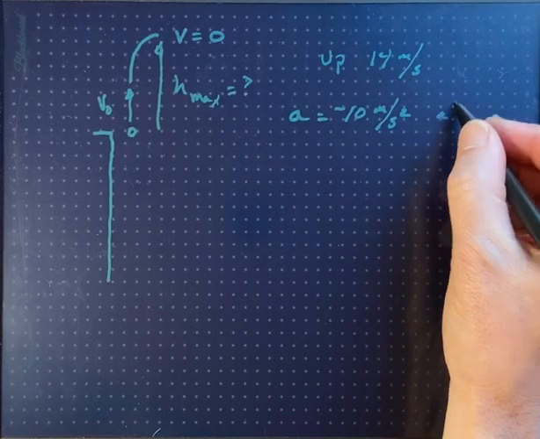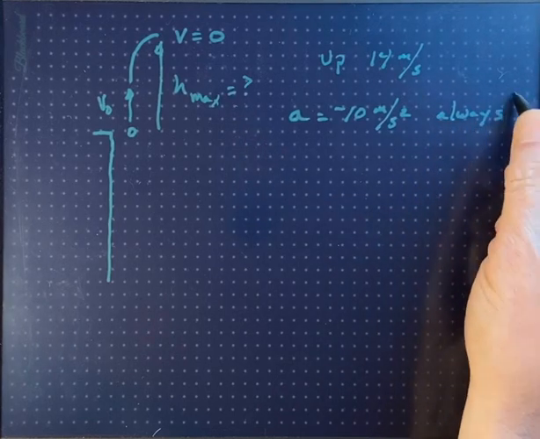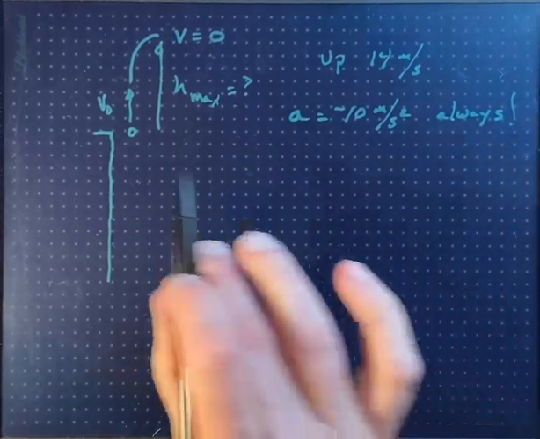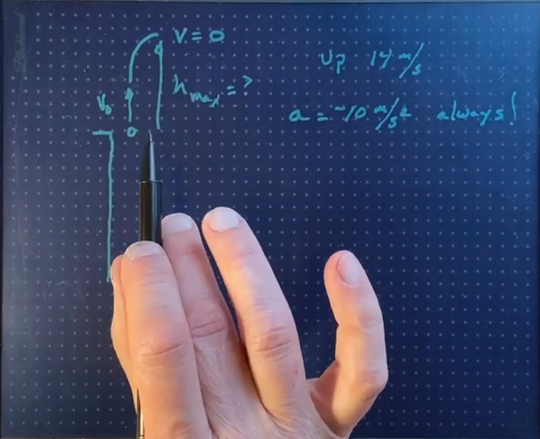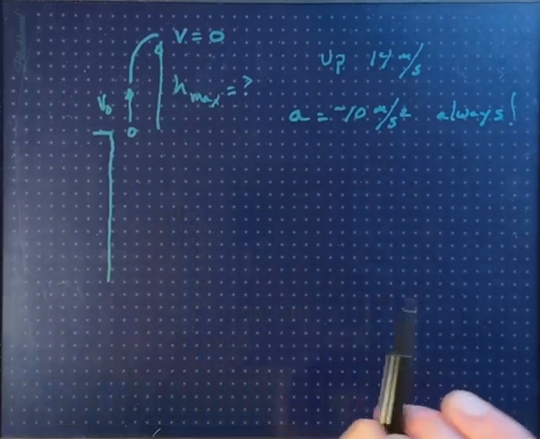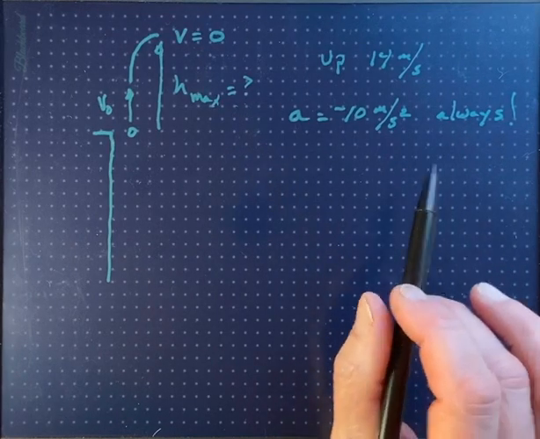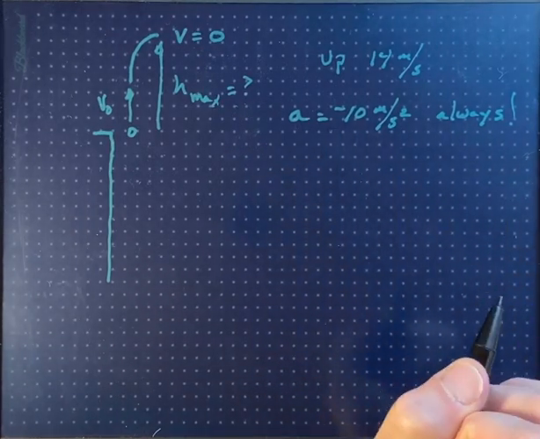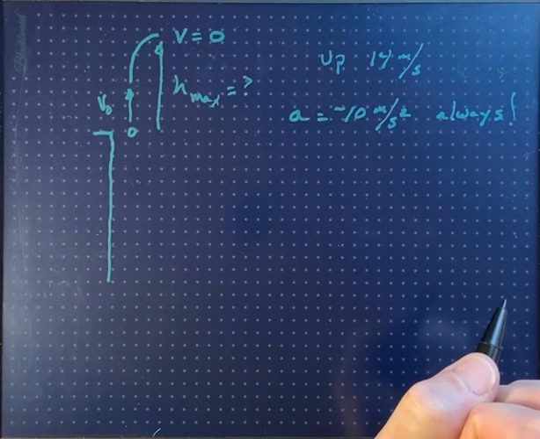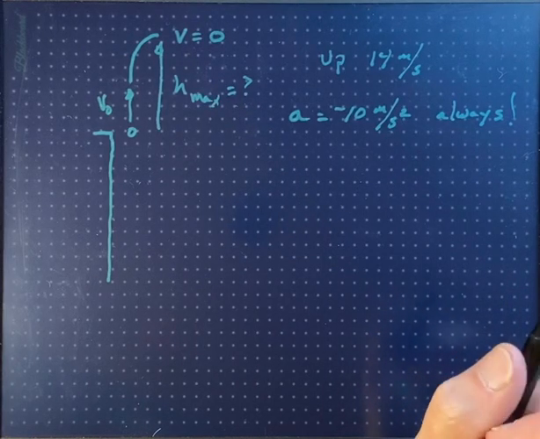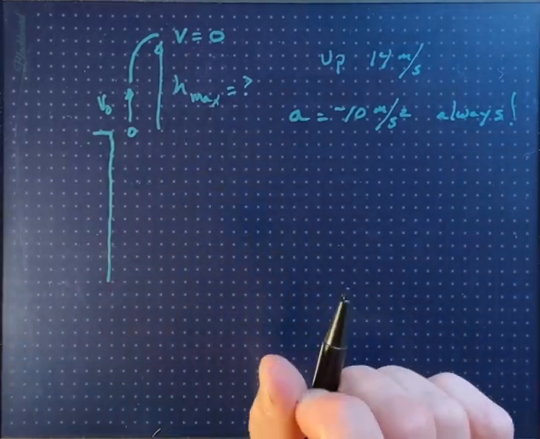That's always true at the top, at the bottom, well, after it leaves the hand of whoever's throwing it, and before it hits the ground. Whenever gravity is the only thing doing anything, the acceleration is minus 10 meters per second squared.